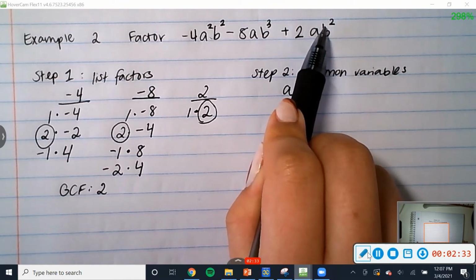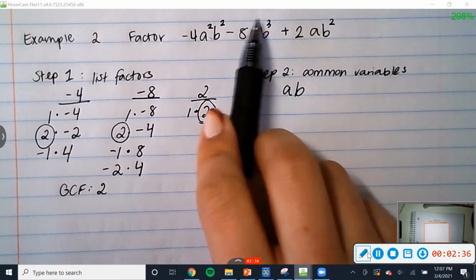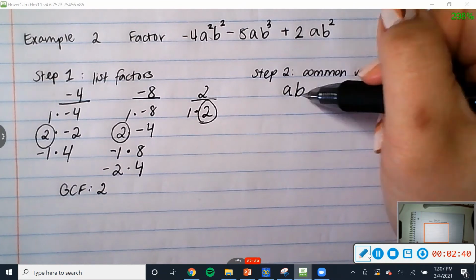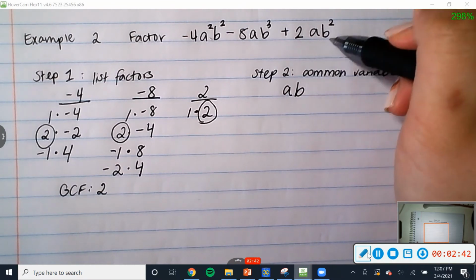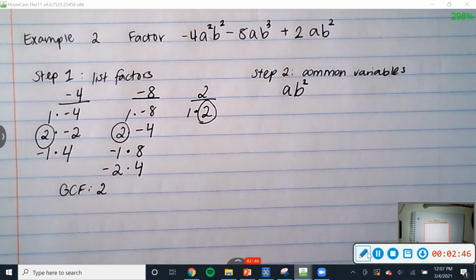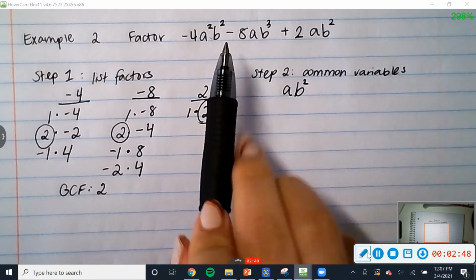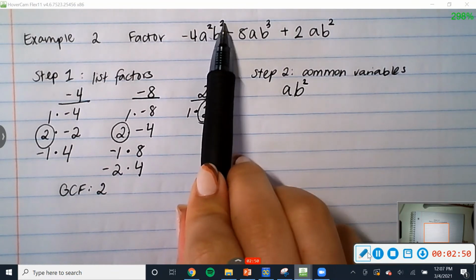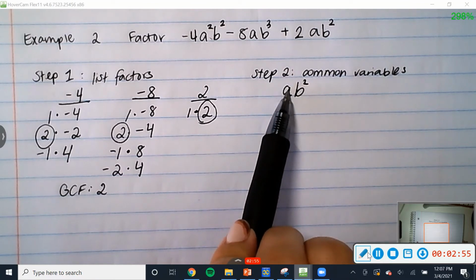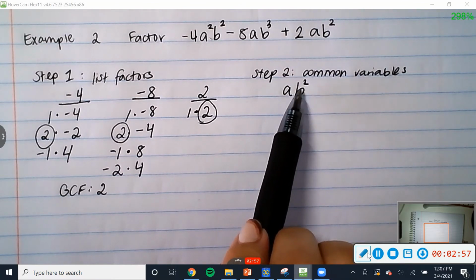Now, when you have these exponents right here, you can see that instead of just one B, we can actually have two in common. Right, because the greatest common factor would be B squared. So we can actually factor out one A and two of these B's.